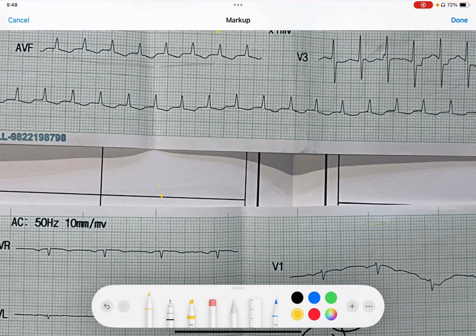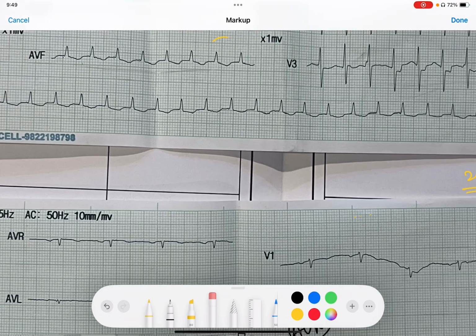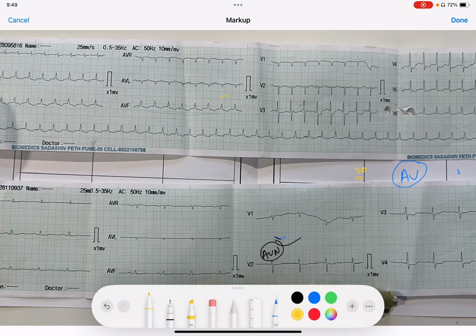In short, whenever it is a narrow complex tachycardia, it is either sinus or supraventricular tachycardia. And when it is a wide QRS complex, it is almost always ventricular tachycardia, or supraventricular tachycardia with aberrancy, meaning there can be some aberrant pathway which causes a wide QRS complex.